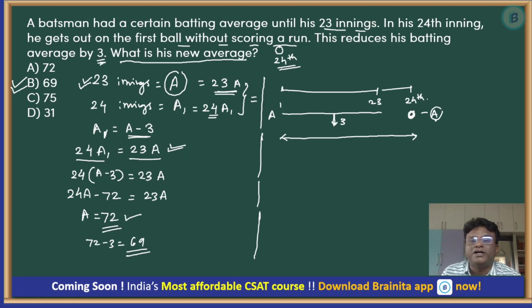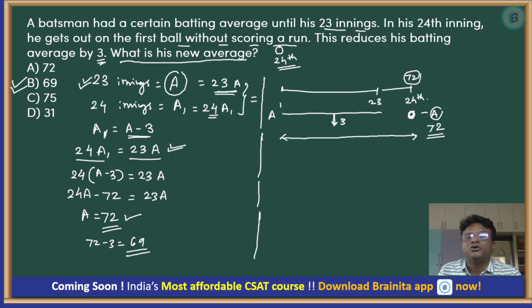So what should be the value of A? It should be 24 multiplied by 3, 72, right? Think of it this way. If he would have scored 72 runs in this 24th innings, what would have happened? This 72 runs would have got divided across these 24 innings, right? That means for every inning his average would have gone up by 3.